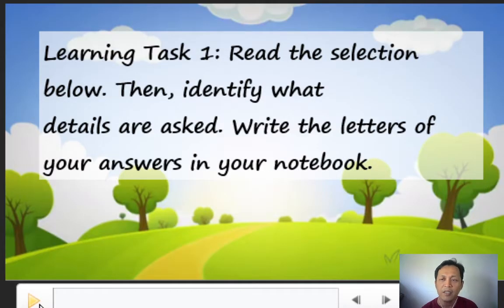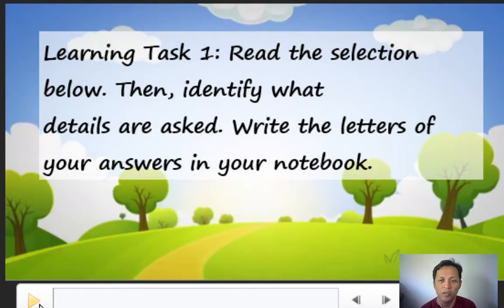Learning task number 1. Read the selection below. Then, identify what details are asked. Write the letters of your answers in your notebook. We have a learning task presented to us. It is in the form of a reading selection.